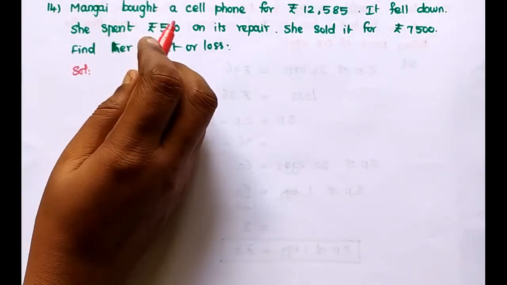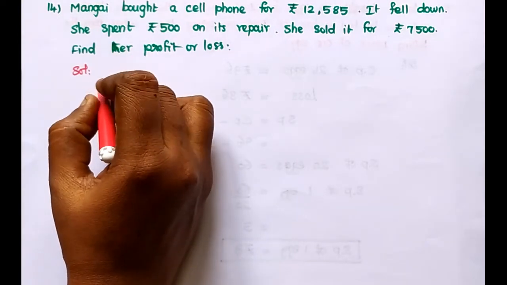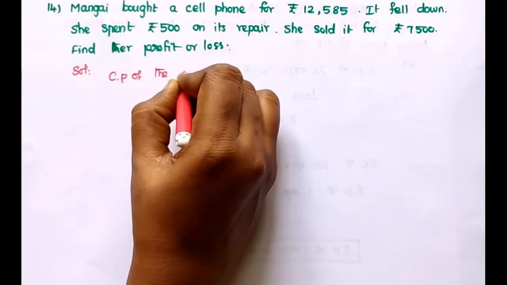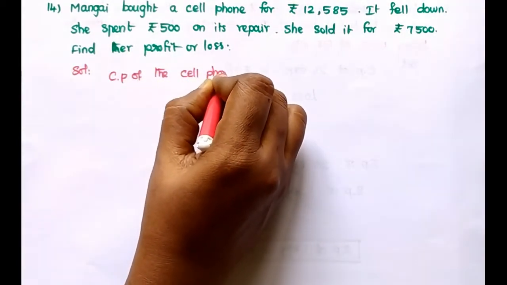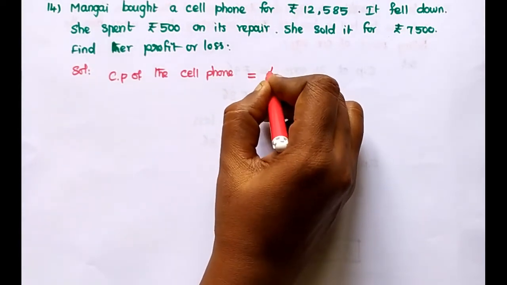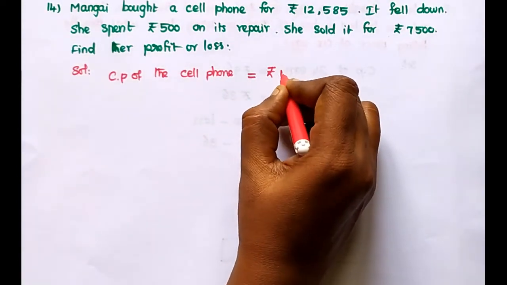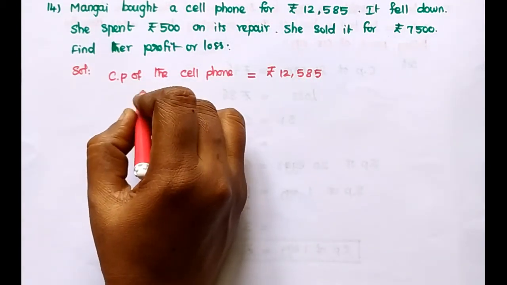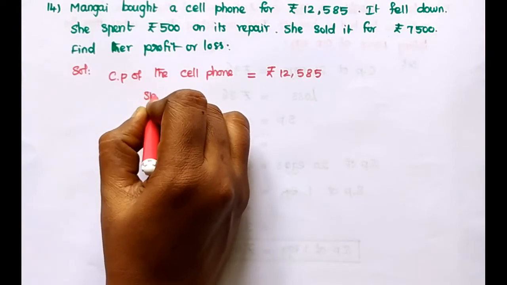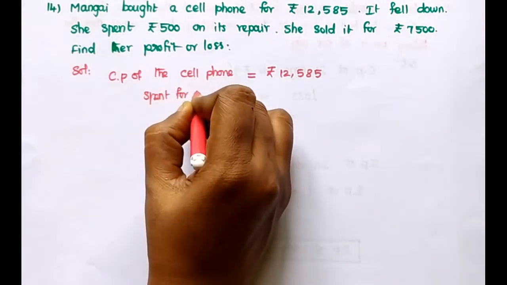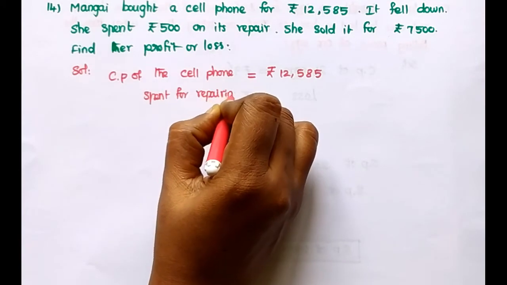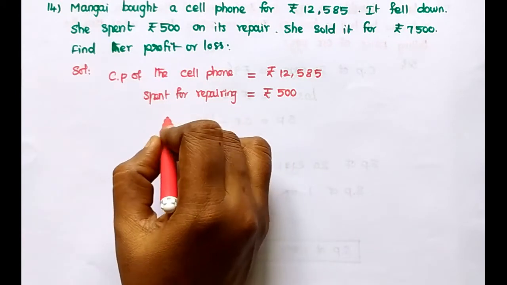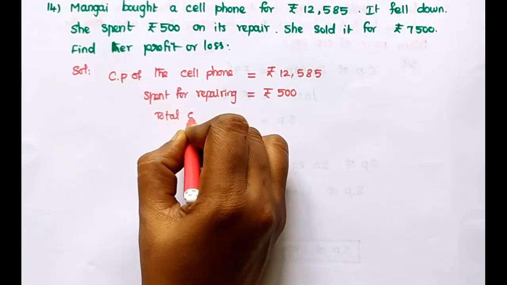She bought a cell phone, so that is cost price of the cell phone equal to rupees 12,585. So she spent for repairing equal to rupees 500.